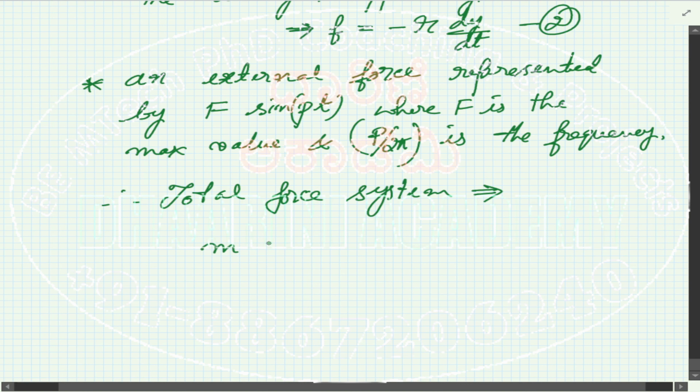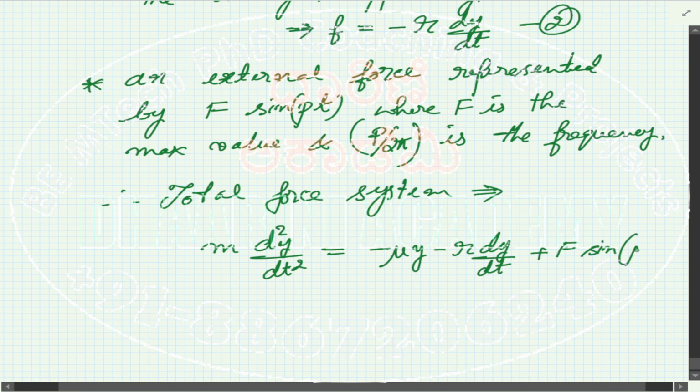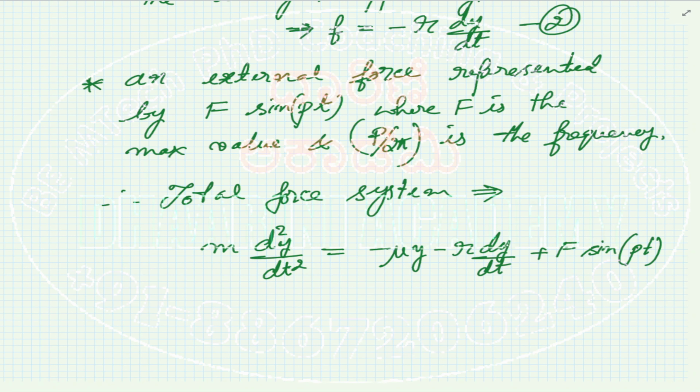So m into d square y by dt square equals minus mu times y, the restoring force component, then the damping force minus r times dy by dt, plus the external force F into sine pt.